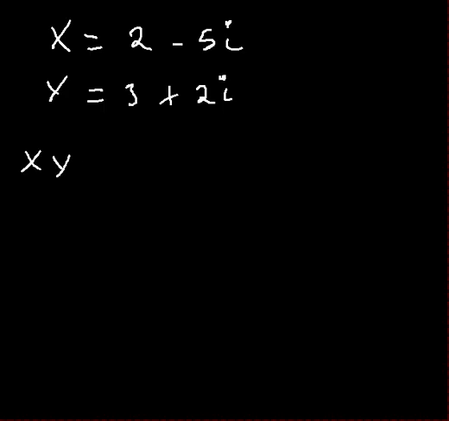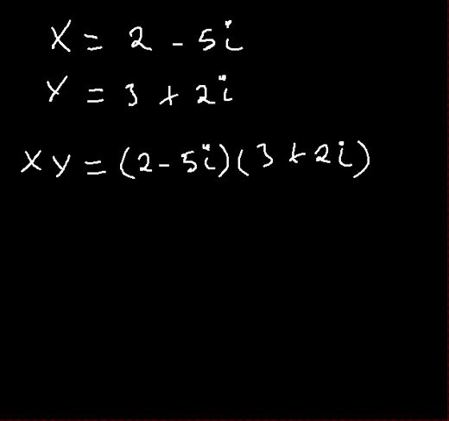Let's say we have the complex number x, which is given as 2 minus 5i, and y is given as 3 plus 2i. How do you think we should find the product of the two complex numbers? The principle remains the same. That's 2 minus 5i times 3 plus 2i.